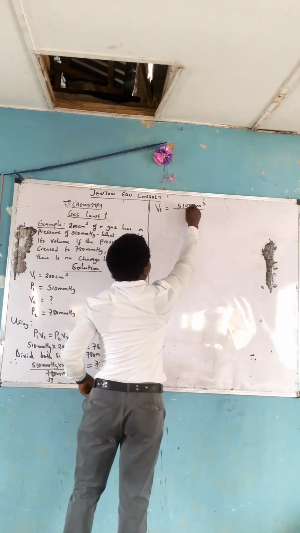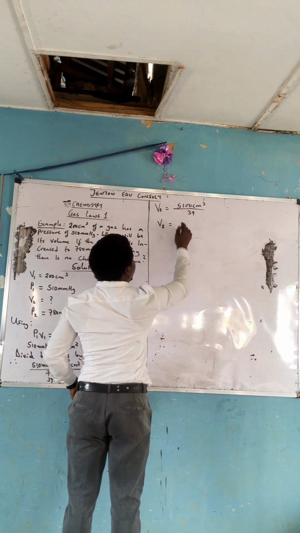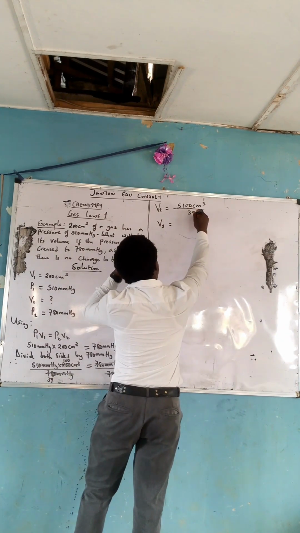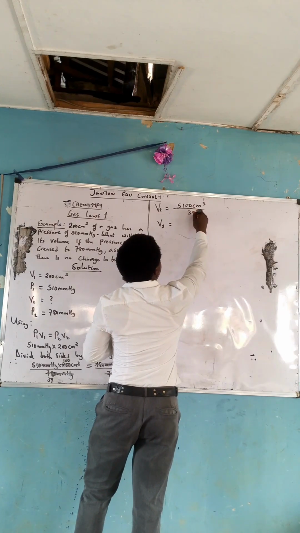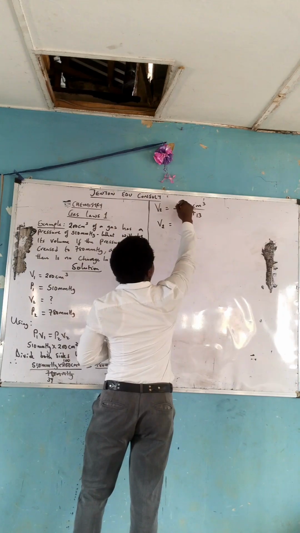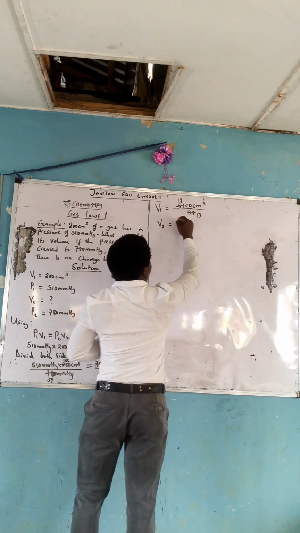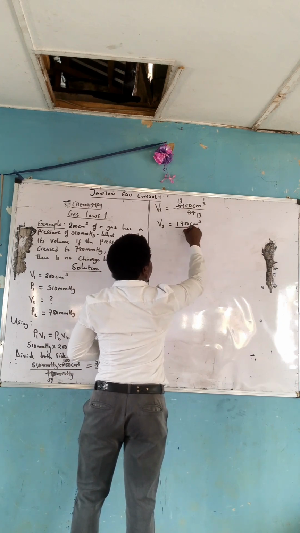So I'm dividing this by 39. With this, I'll say V2 equals here, 3 will go in 39, 13 times, and 3 will go in 51, 17 times. So I have 1,700 centimeter cube divided by 13.